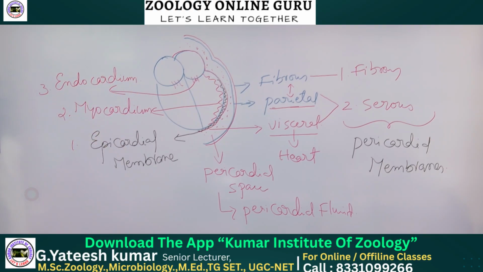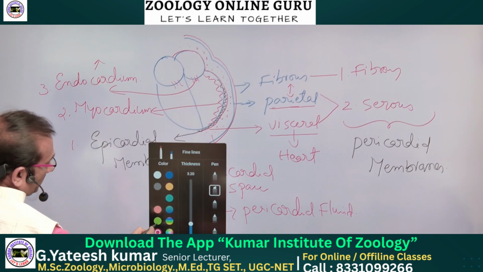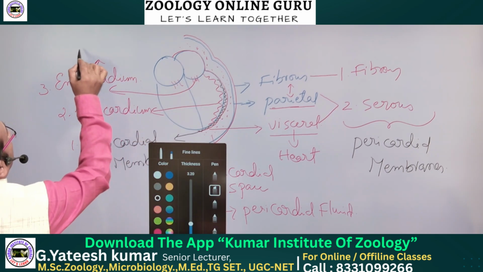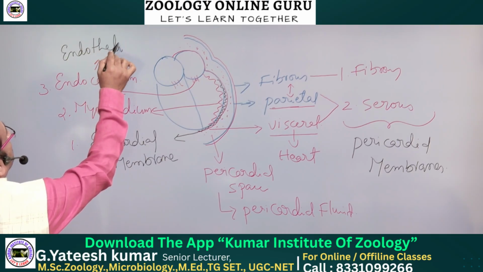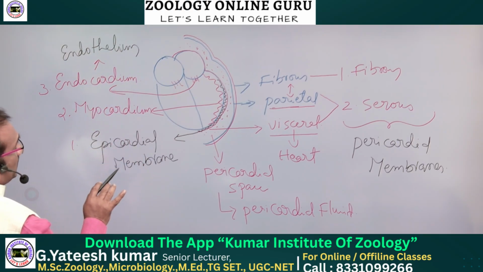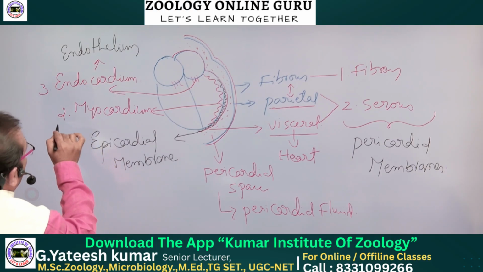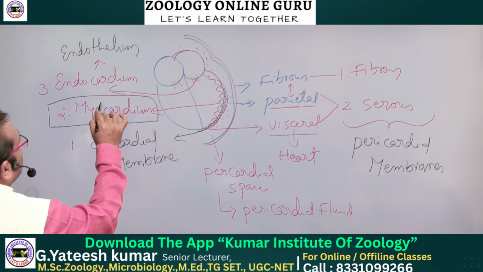The endocardium is an endothelium, a membrane. The epicardium and endocardium are the epithelial layers, but the cardiac muscles are actually present in the myocardium.